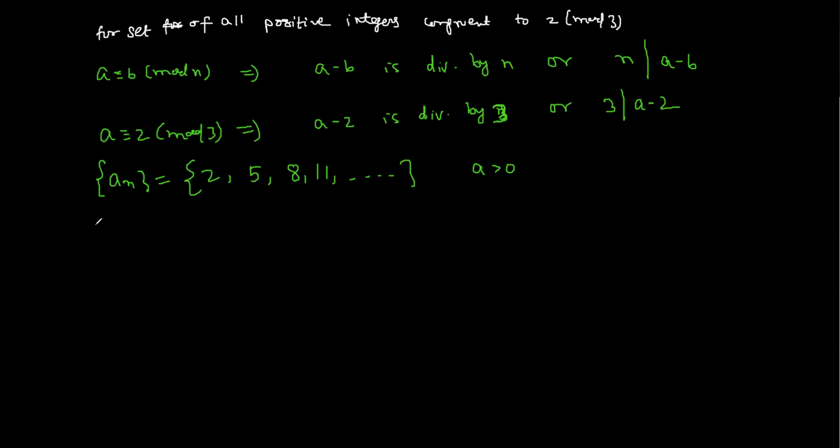Now see, the first term is 2. The second term is 5. 5 means 3 plus 2, 3 plus a0. Third is 8. 8 means 3 plus 5, 3 plus a1. Then 11.